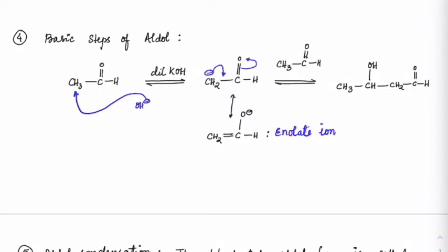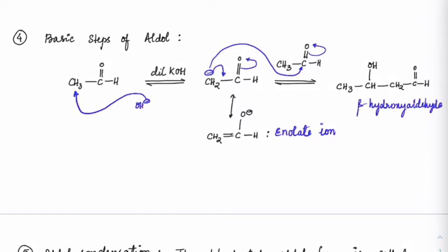From this enolate ion, this CH2 minus will attack the second mole as a nucleophilic addition. You can see that a nucleophilic addition is happening here, which makes this double bond become O minus. After that, on hydrolysis, this O minus will fetch that H plus, and we will get OH here, and this C double bond O will retain back. Wherever the C double bond O was, it will retain, and this is how we will get a beta hydroxy aldehyde or ketone.